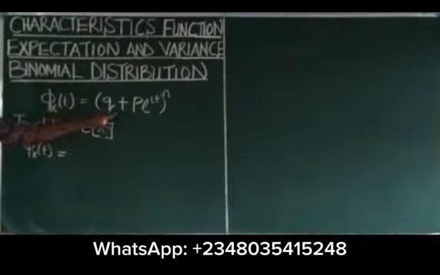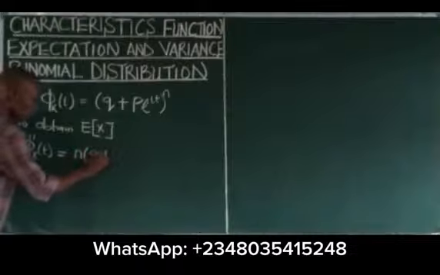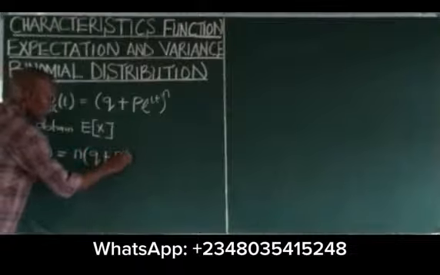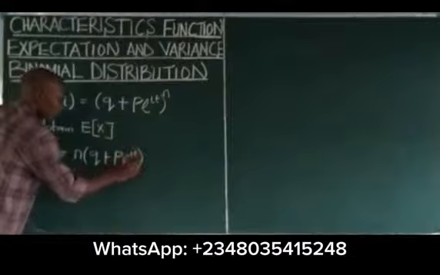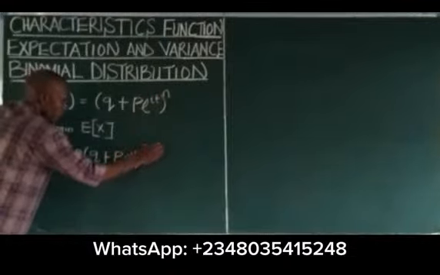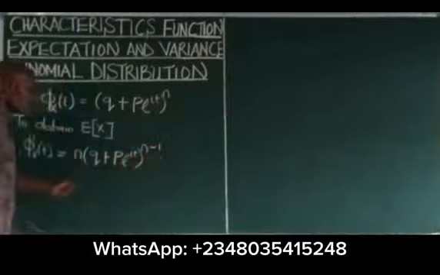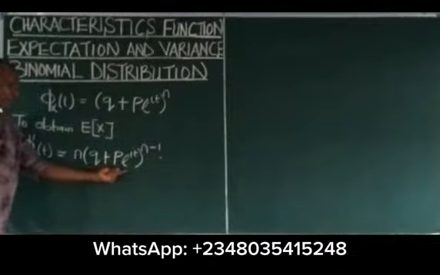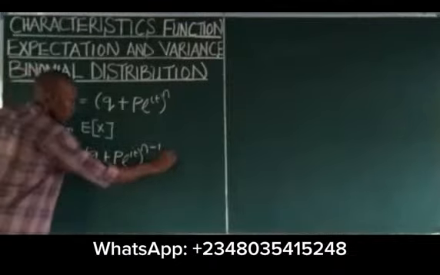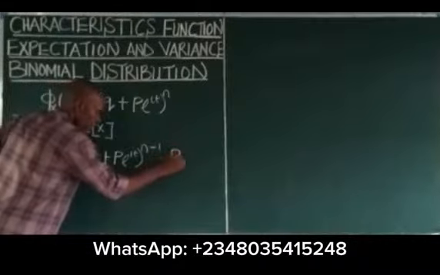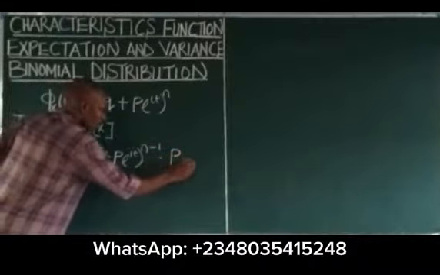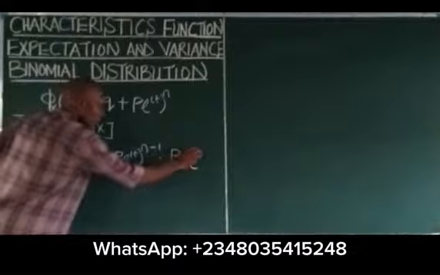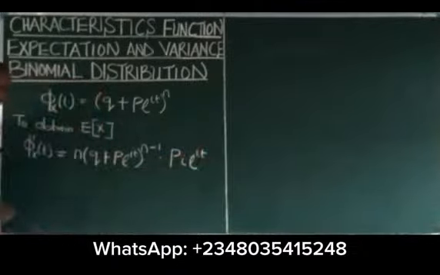So taking the first derivative, we get n (q + p e^{it})^{n-1} multiplied by, from the function of a function method of differentiation, we differentiate this. So we have p, we also have the characteristic function multiplied by e^{it}.